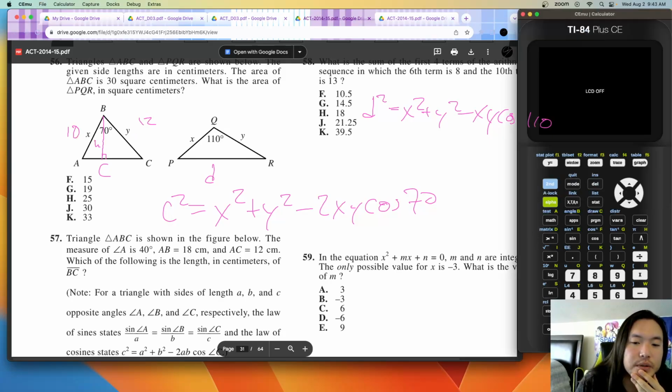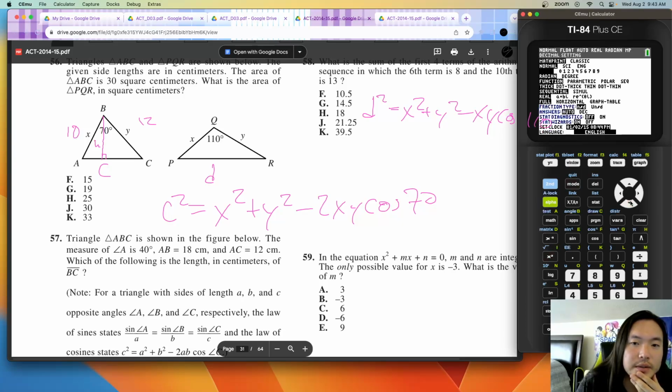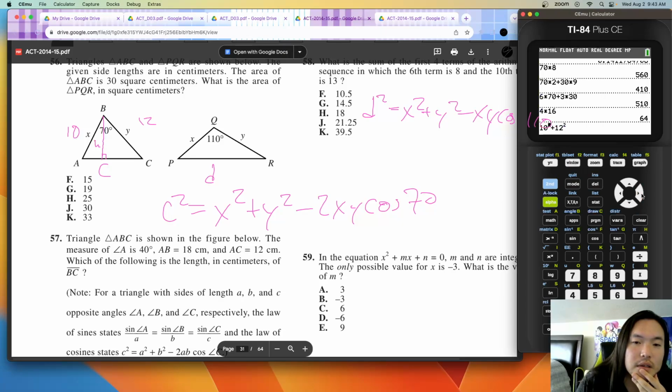Well, if that's true, c would be equal to what? 10 squared plus 12 squared. And then here, you definitely need to make sure that you're in degrees. That was a close one. Make sure you're in degrees. And minus 2 times 120 cosine 70.